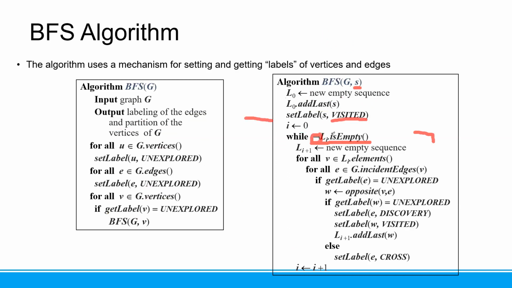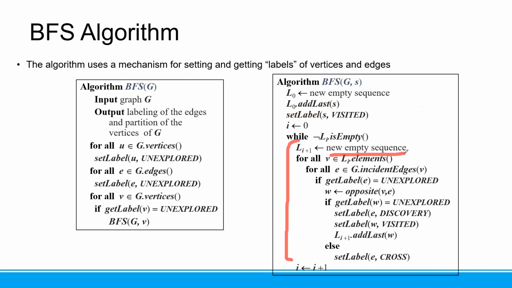So if Li is not empty, what is i? i is 0. Then we know that L0 has one vertex, so it is not empty. Because it is not empty, we enter into this loop. So Li+1 will be a new empty sequence.